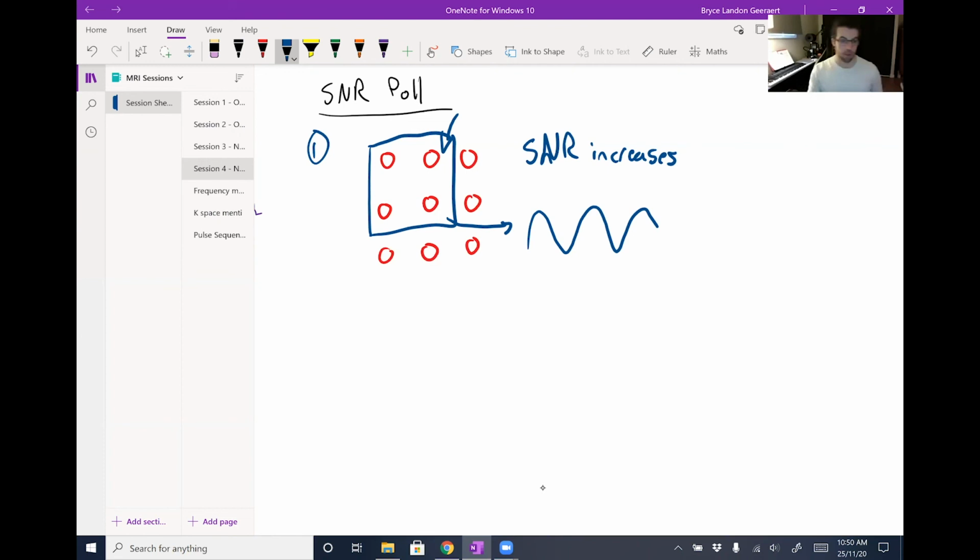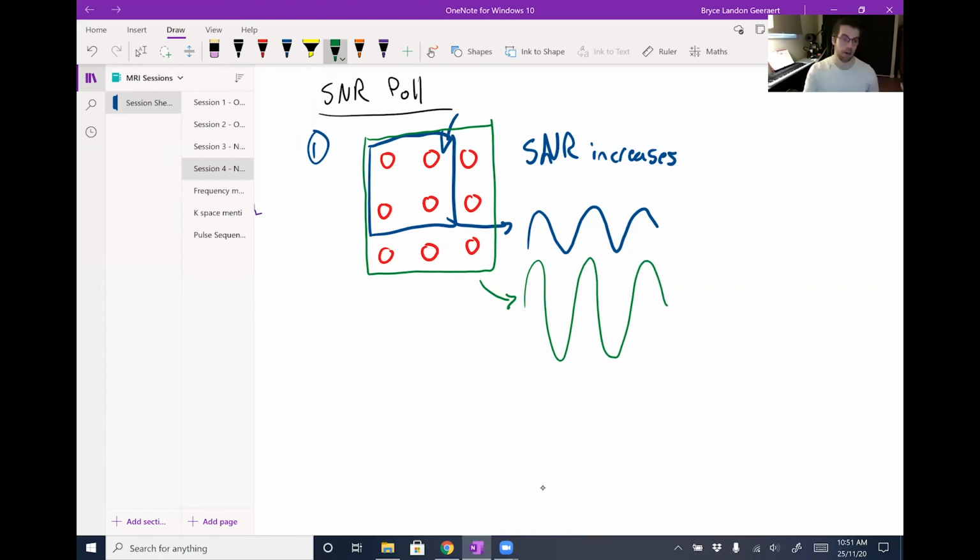But if we create a voxel that encompasses 9 spins instead, that's more than double the 4 we were recording from previously, right? So the amount of actual meaningful signal that we collect would more than double in proportion. So perhaps the new sine wave would look something like this.